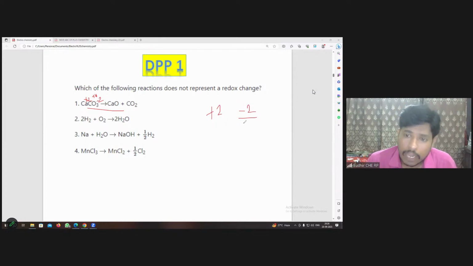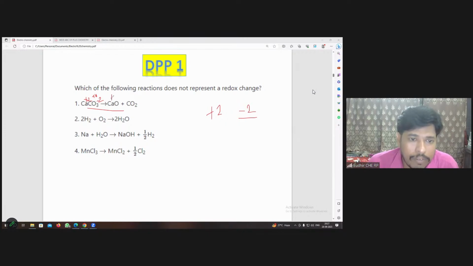But when you go through element-specific oxidation numbers, there will not be any confusion in identifying the change in the oxidation number of different elements. So as per this data, before the change, calcium is +2, carbon is +4, and oxygen is in -2 oxidation state. Now, after the reaction, have a look.